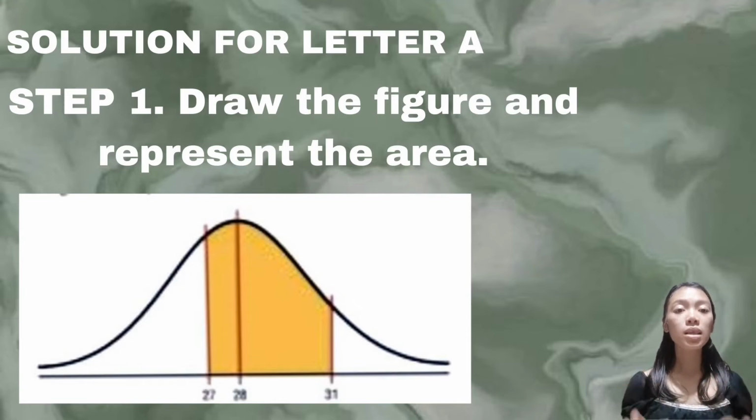In our sketch, class, our middle line is our mean, 28. The x sub 1 is placed before the mean since the mean is greater than x sub 1.